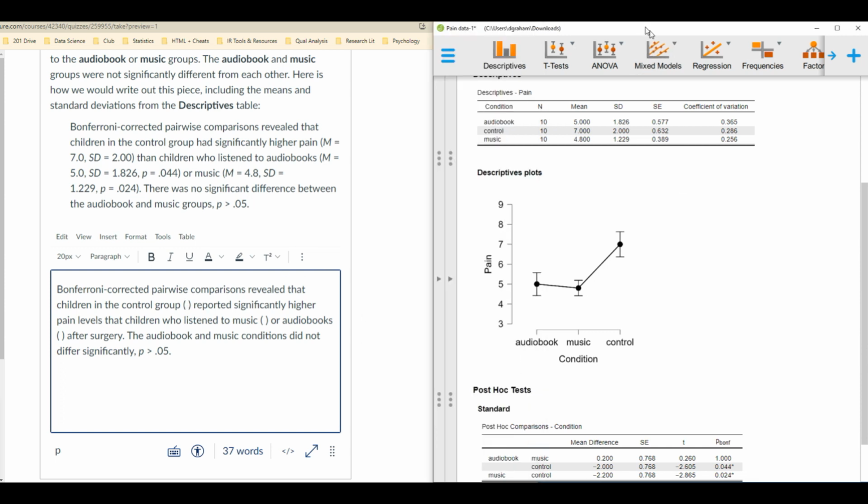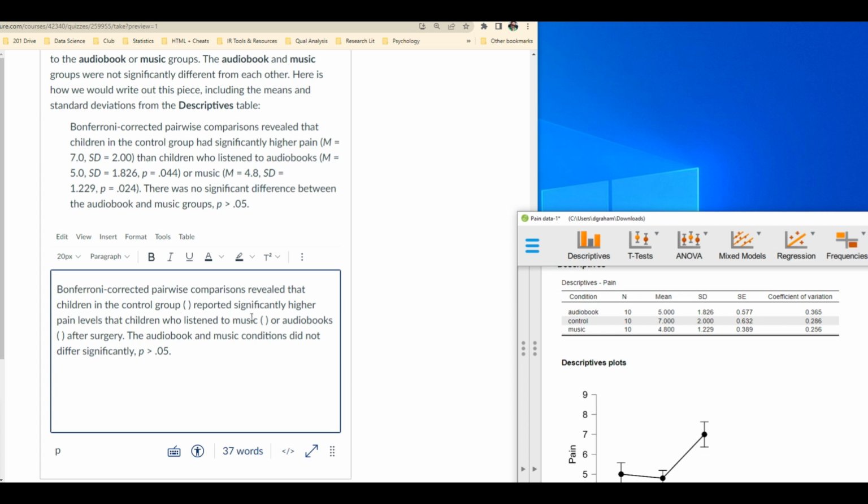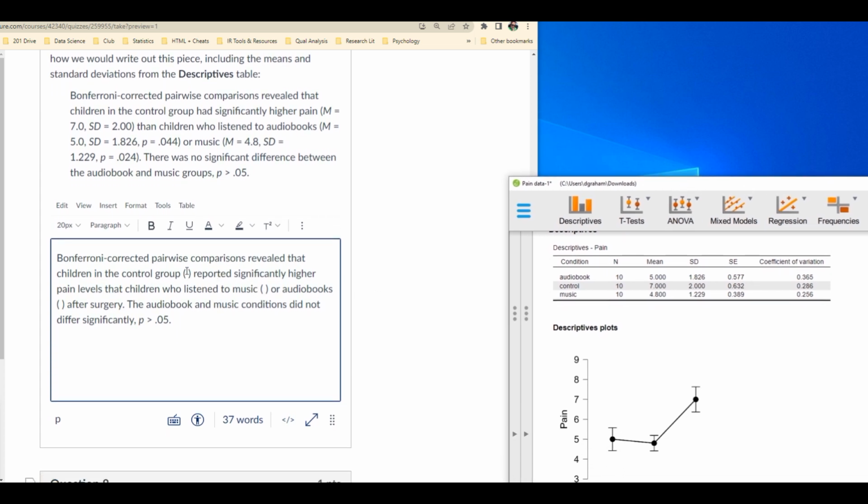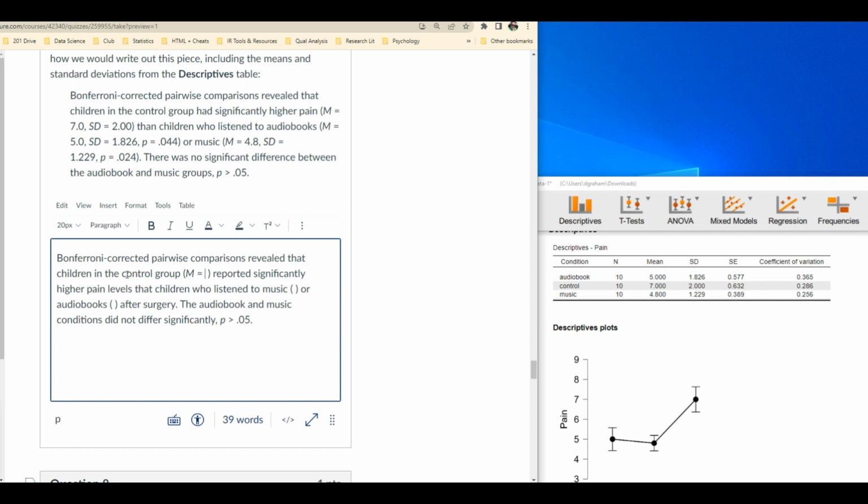So coming back to my output, let me find my means and standard deviations to put in, and then I'll add in my two p-values I need. So in italics, I'm going to do mean equals, and this is my control group. So my control group is the second line down, so 7.00, comma, SD equals 2.00.